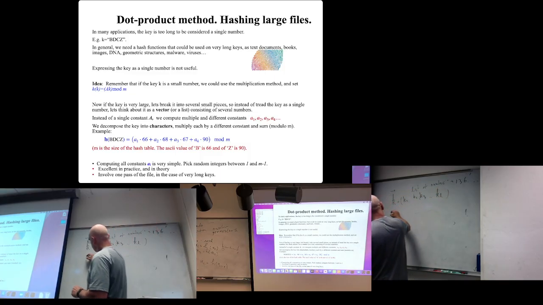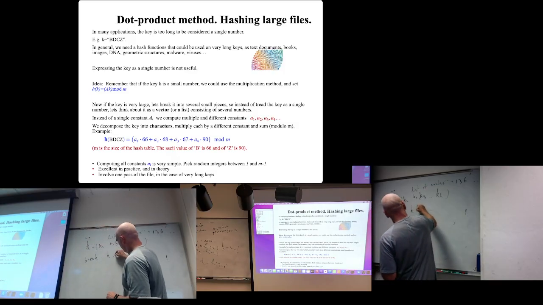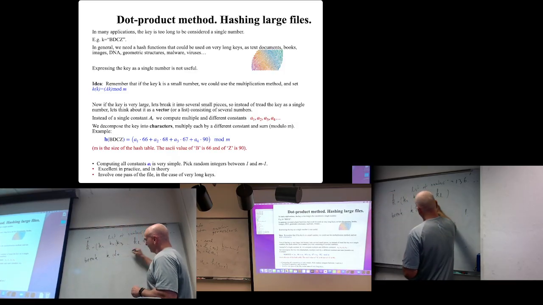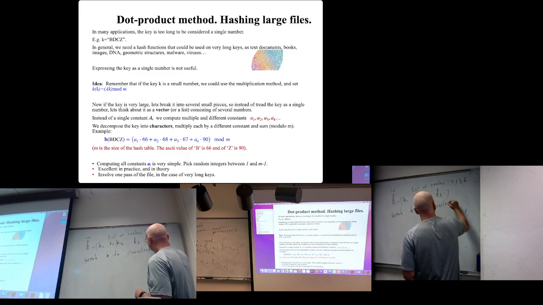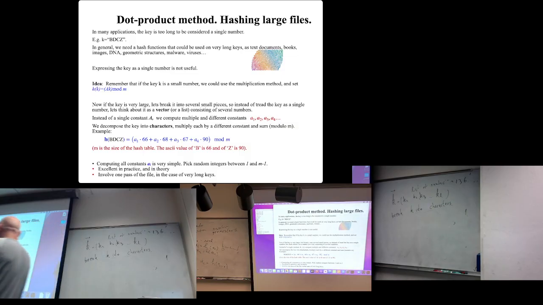That would be to break K into characters. We'll see soon that breaking them into exactly characters of 8 bytes is not necessarily the best we can do, but for the explanation so far, let's stick with this. You have a string, break it into individual characters.